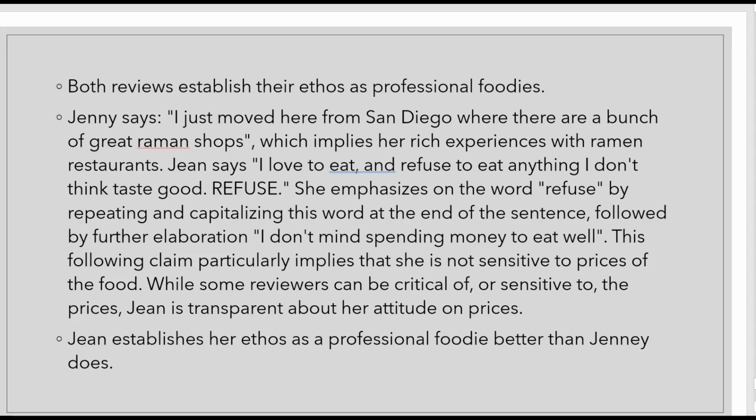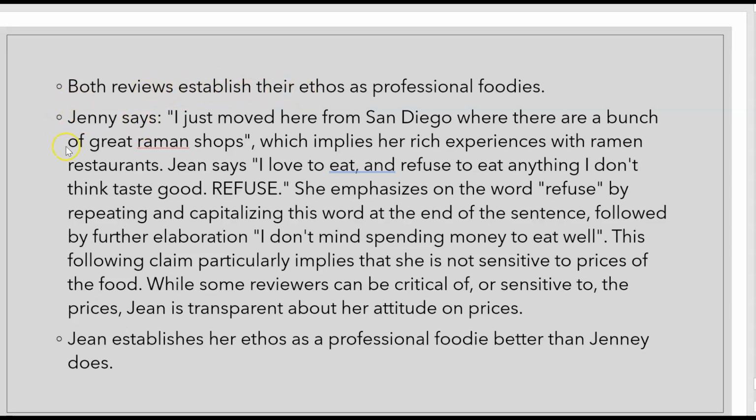And here is the sample text to analyze the differences and similarities between the 2 reviews. So I begin with a claim. Both reviews establish their ethos as professional foodies. It should be both reviewers establish their ethos, not reviews, but reviewers.